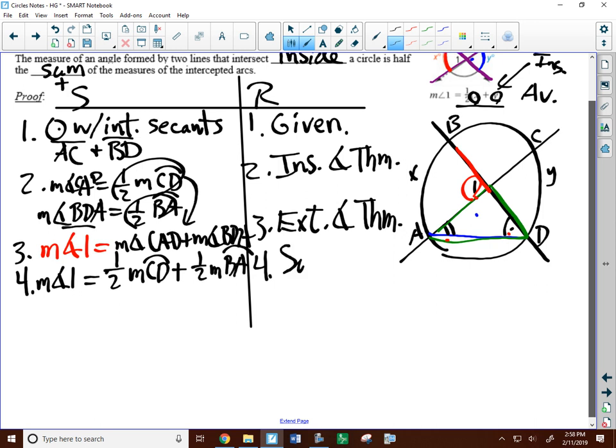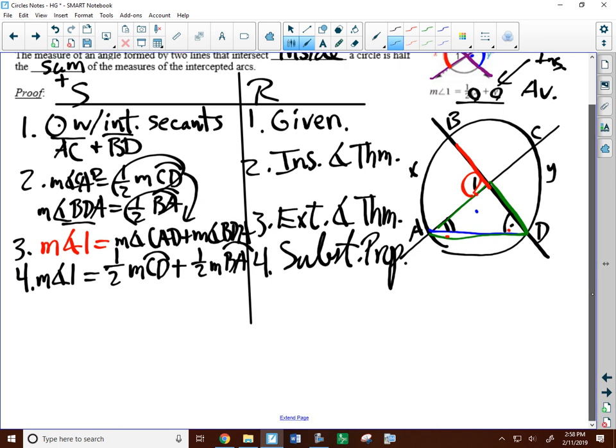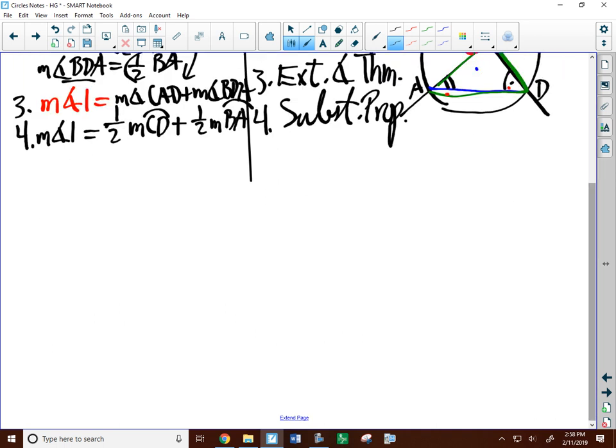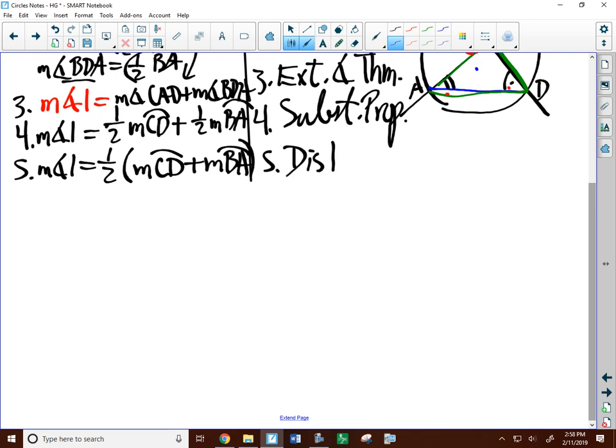Just the substitution property. And finally, to finish off this theorem, all I need to do is factor out a half. I'll be left with half times the measure of arc CD plus the measure of arc BA. Factoring out a GCF is the distributive property going in the opposite direction.